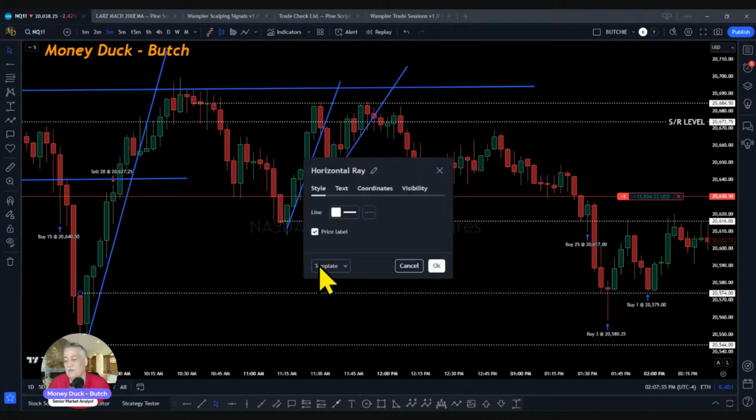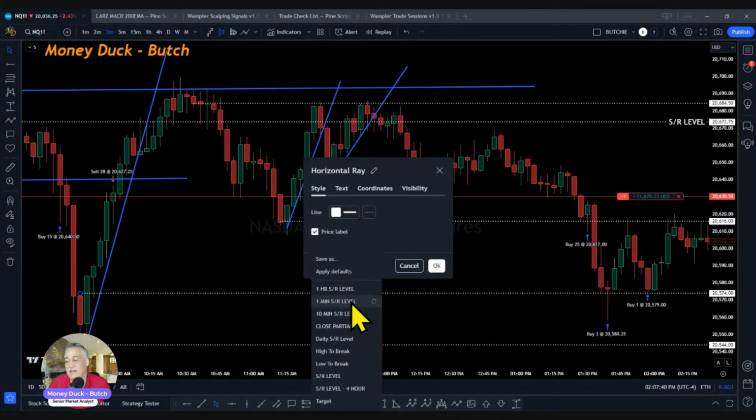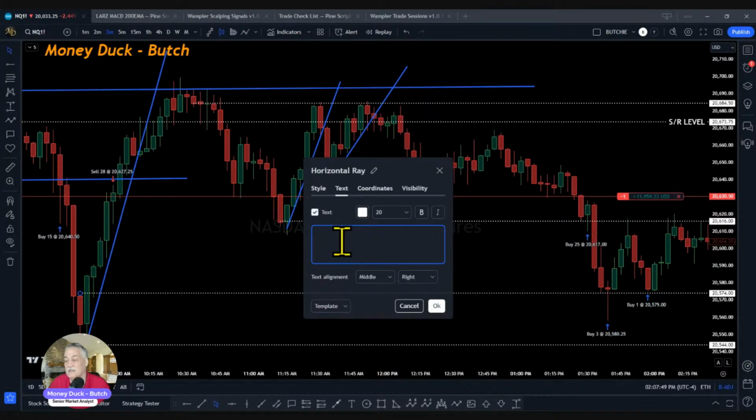If you don't have chart templates, just go in and write inside top. And I don't think I do have it on here. No, I don't have inside tops or bottoms, but come in and just type it in.